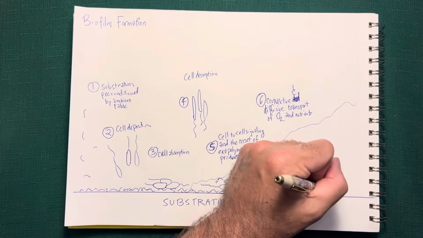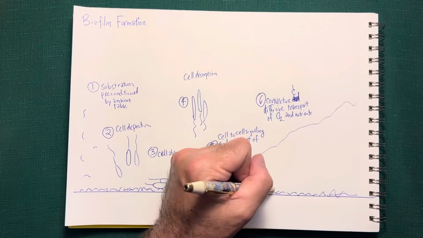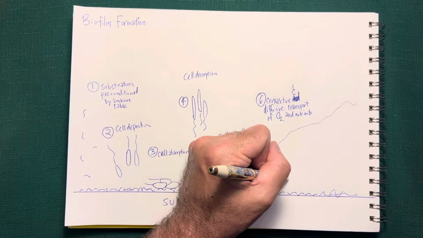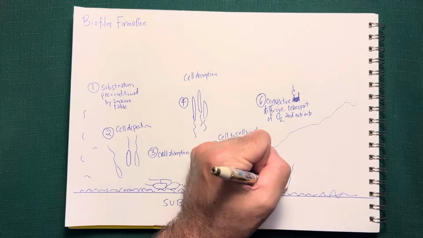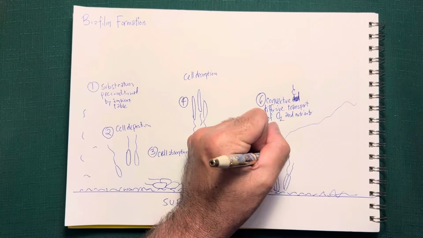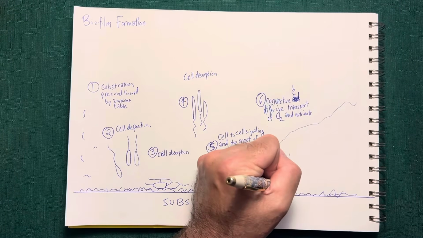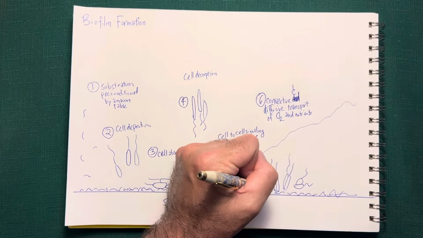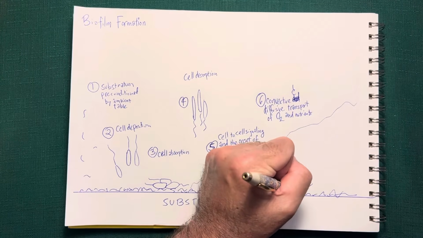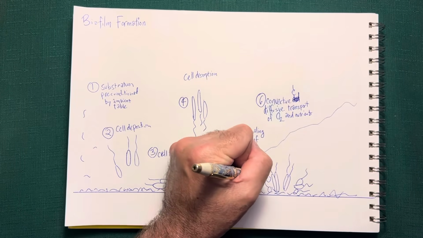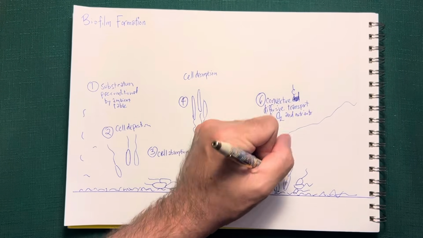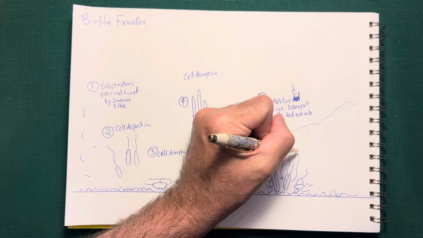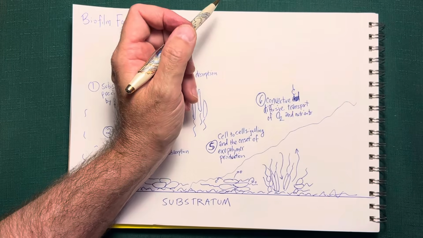So after a while, our microbes are going to start building this community in which there are going to be channels, kind of like streets, alleys, places for different materials to infiltrate and exfiltrate the biofilm.